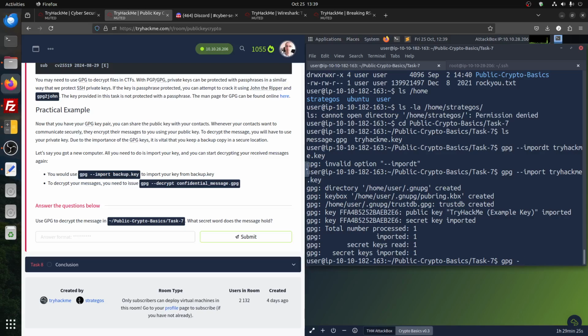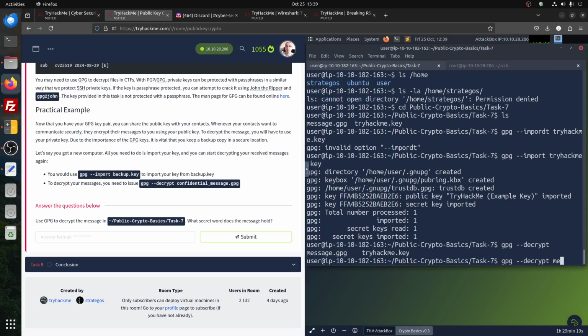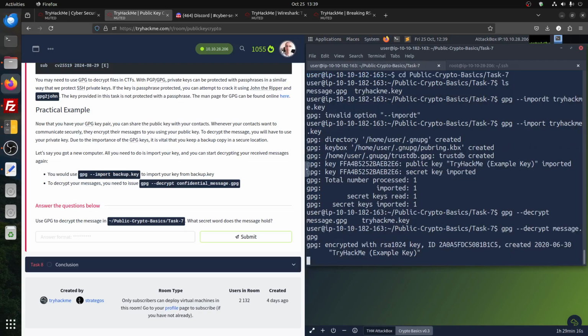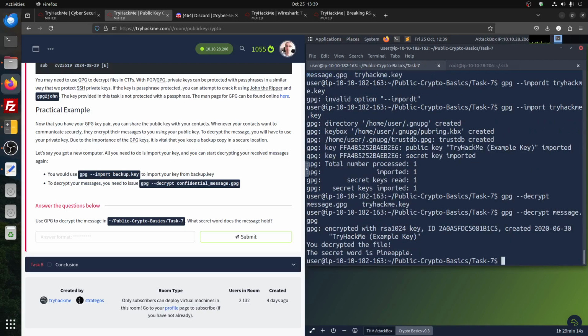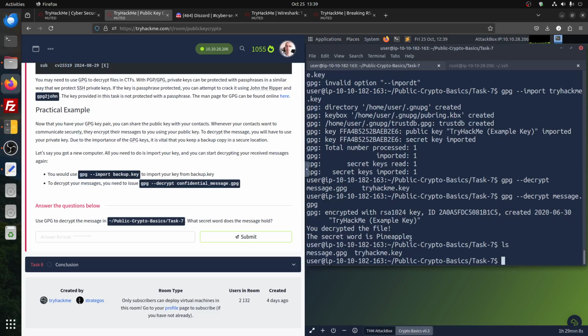Usually you find it in CTF. You just put a note of these two commands. They always have the message in the image. TryHackMe exec key. Your decrypted file: the secret word is pineapple.